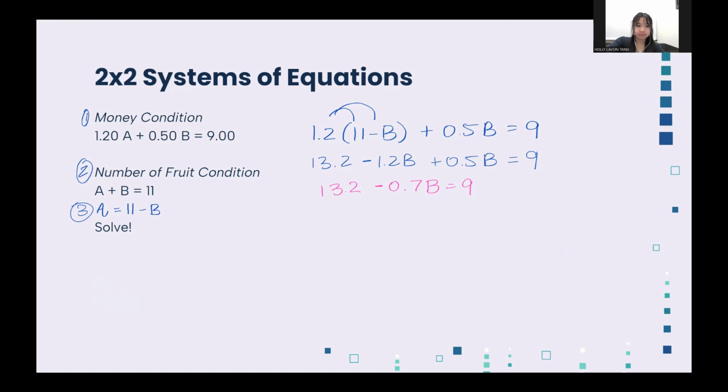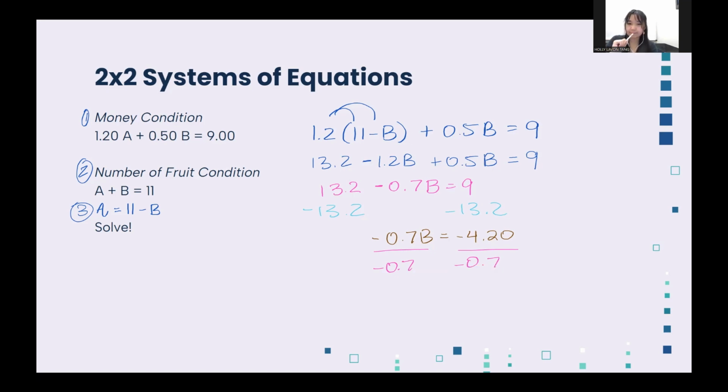Now I just subtract 13.2 from both sides, and we'd get negative 4.2 on the right side. Then what do you do to get b by itself? Divide both sides by negative 0.7.